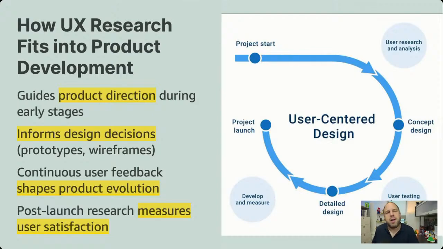As the product is evolving, you do continuous testing, you do continuous user feedback, which ensures that the design is always user centered. So finally, of course, you go through concept stages. So you test the concept, then you go through detailed design stages, you develop and measure that and test that. And again, there are different methods that you can use. A lot of the methods can be used in a lot of these stages in different ways, and that works out quite well.